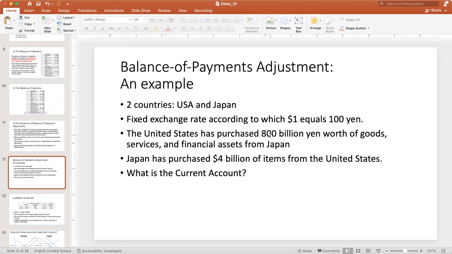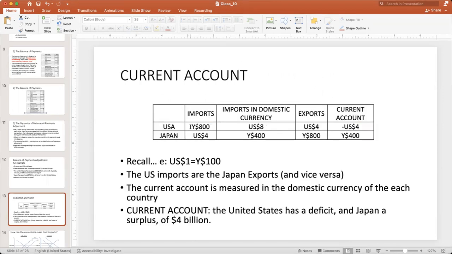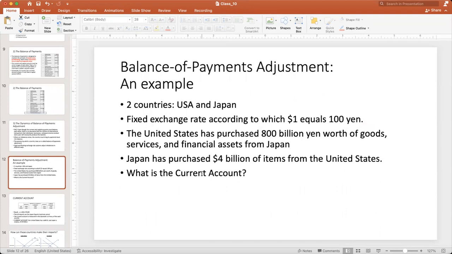So there are imports that the United States has made from Japan, and they have a value of 800 billion yen. In the other part of the transaction, Japan has purchased 4 billion of goods and services from the United States. So these 4 billion are the imports of Japan.